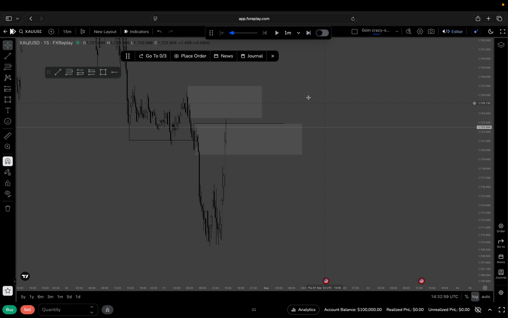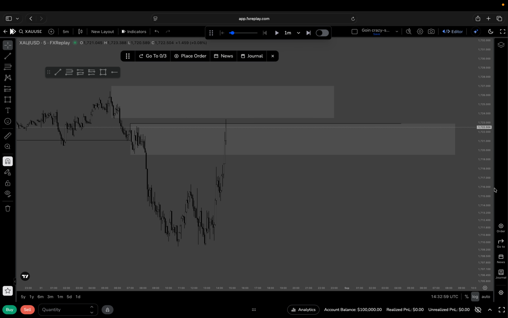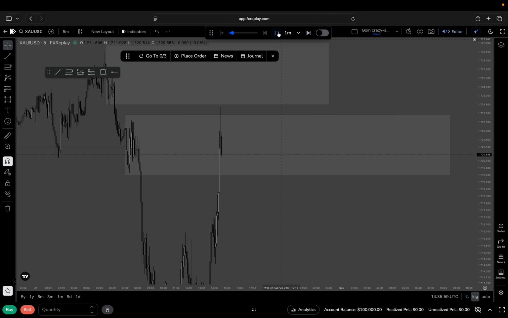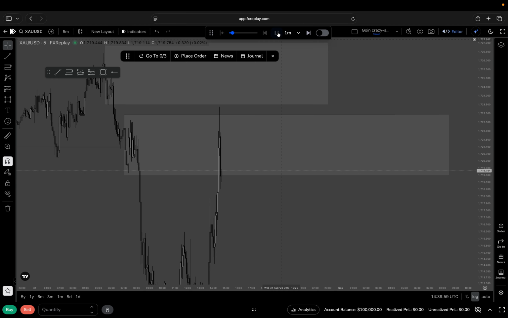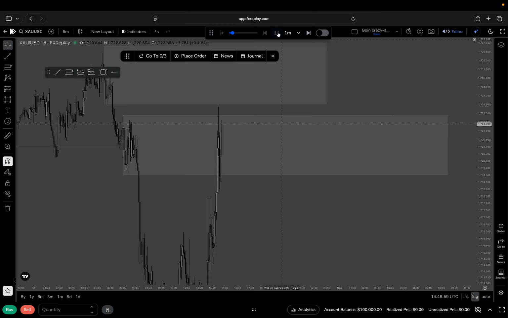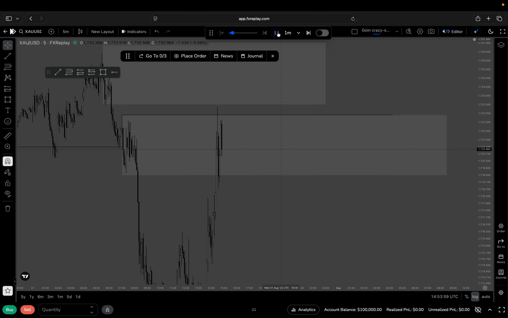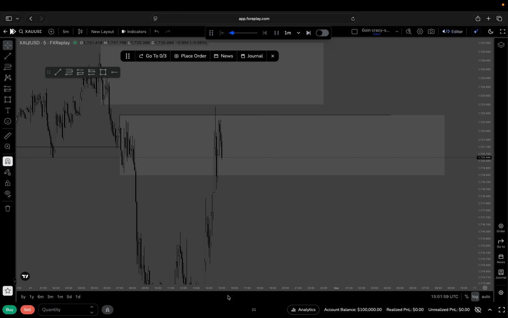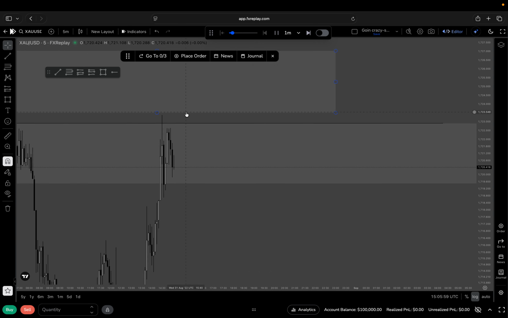Good sign. We just need confirmation on the lower time frame. We need a formal sweep and a market structure shift. That's what we're waiting for.